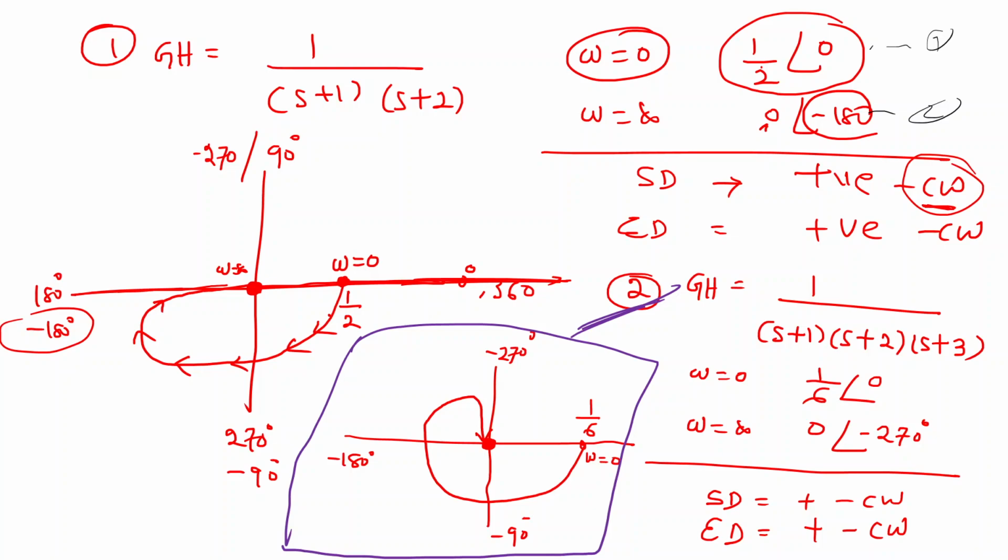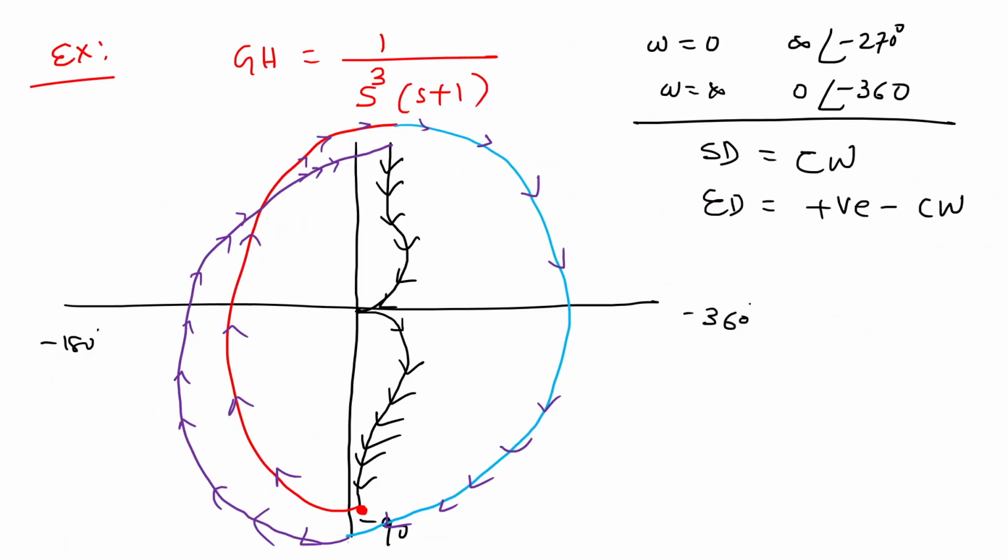Okay, I'm just going to the next slide here. So now I'm writing the question here. Because this is a standard question in control systems: 1 by s plus 1, 1 by s plus 2, 1 by s plus 3.